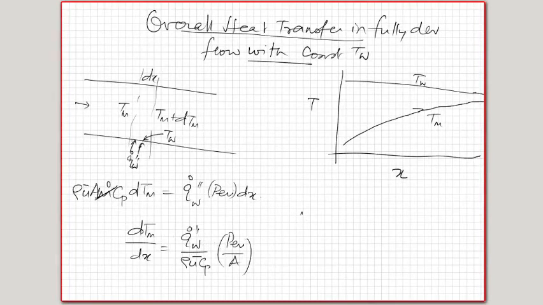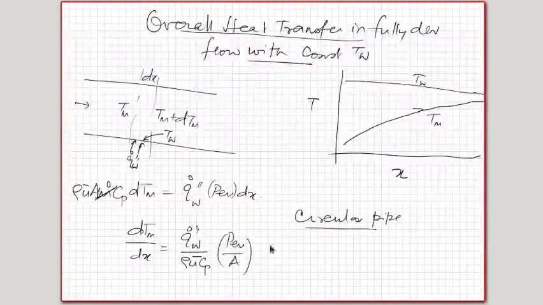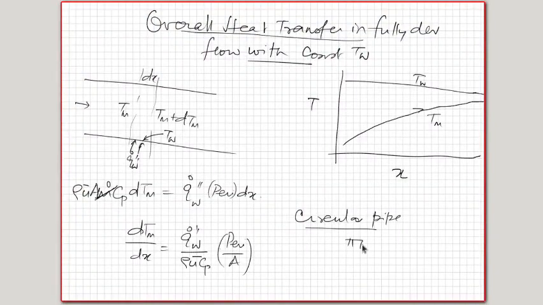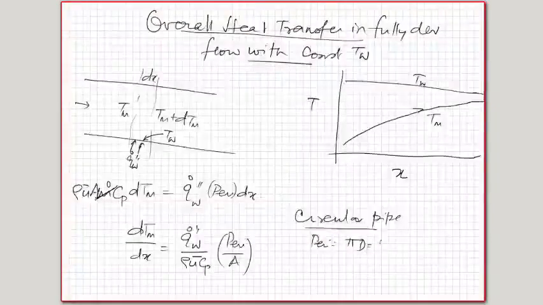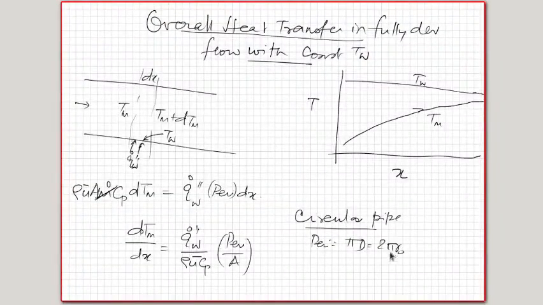So if it is for a circular pipe, then perimeter is pi d or 2 pi r naught, and area is pi r naught square.